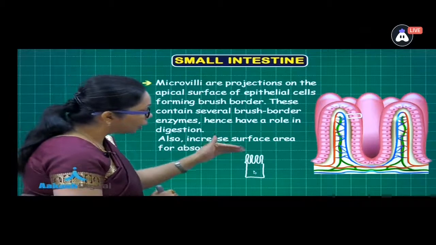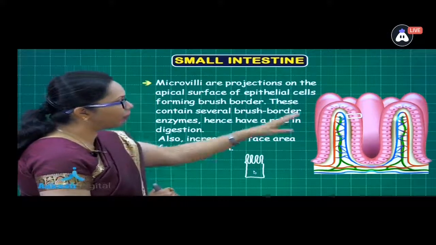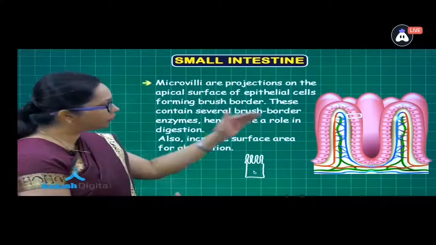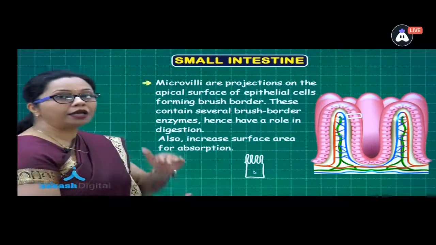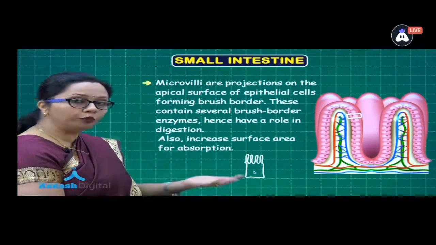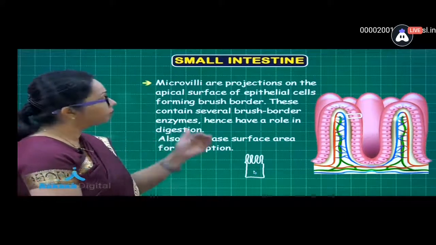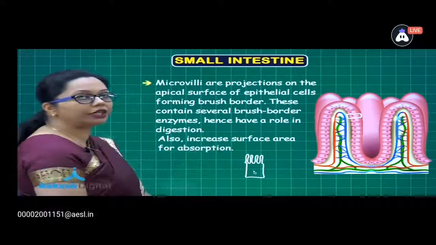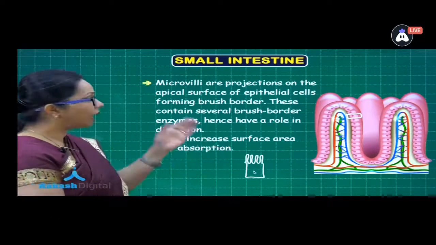These microvilli give the appearance of a brush border. That's why we say that the alimentary canal is lined by brush bordered epithelium. So that is a columnar epithelium having microvilli, and that again is increasing the total surface area.